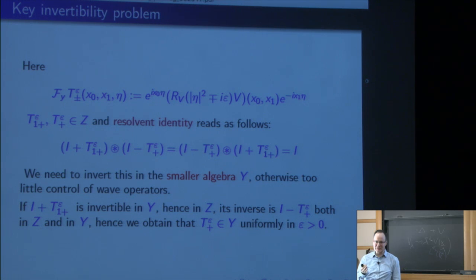None of this is surprising, right? And so the resolvent identity on the level of these guys now reads as an identity in the convolution algebra. And this is the key problem that we have to solve. We have to show the invertibility of this creature in the algebra Y.